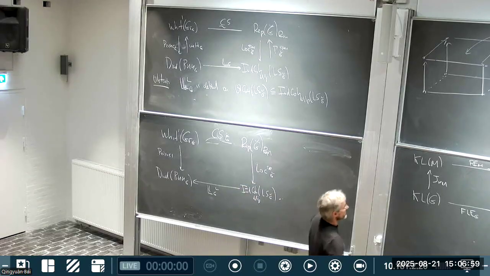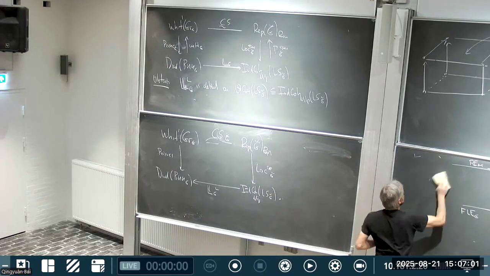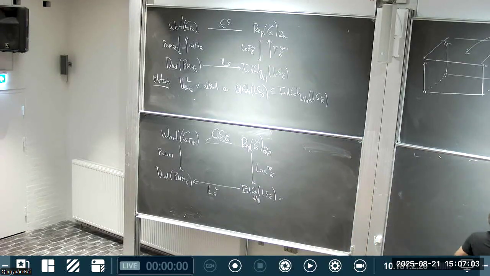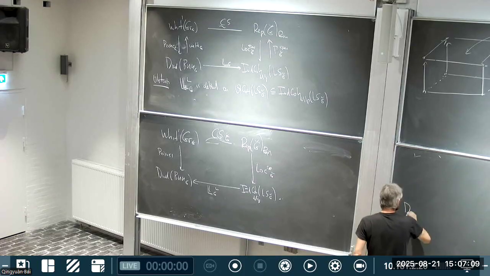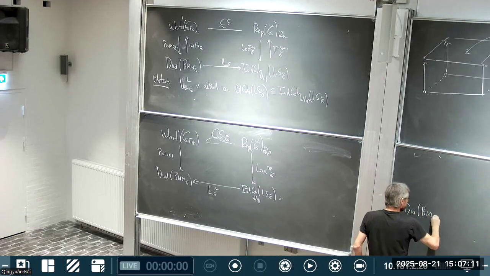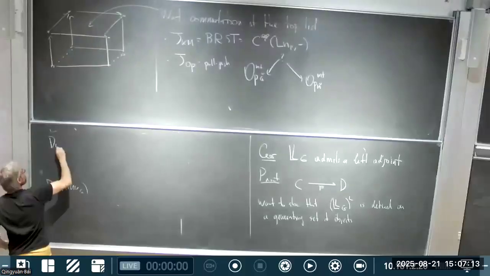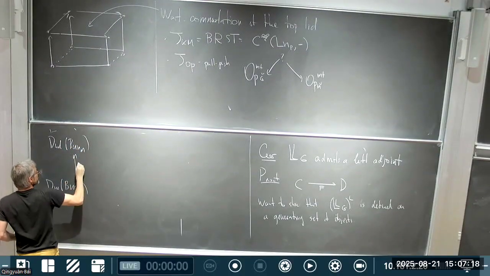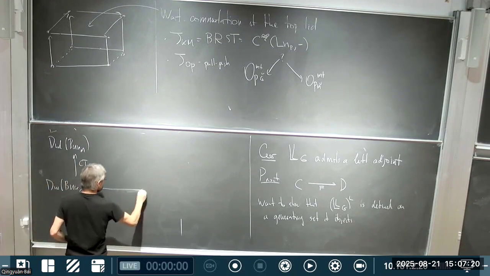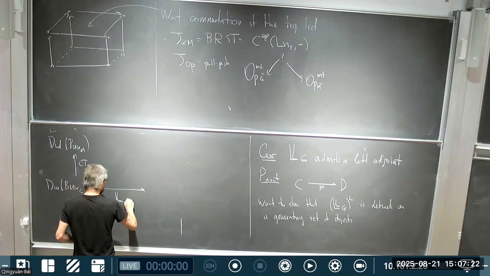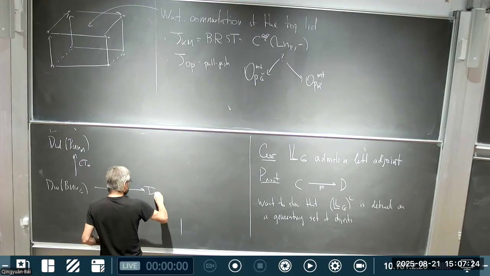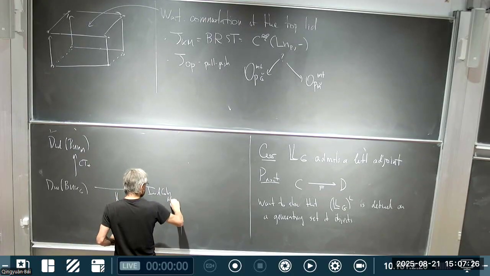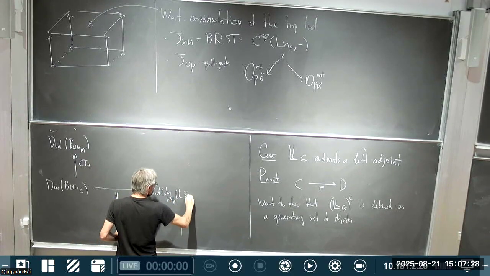Now let me apply this lemma one more time. In the following situation, I have D-mod of G, but now here I have D-mod of M. The functor will be constant term star of G into Eisenstein of the check.